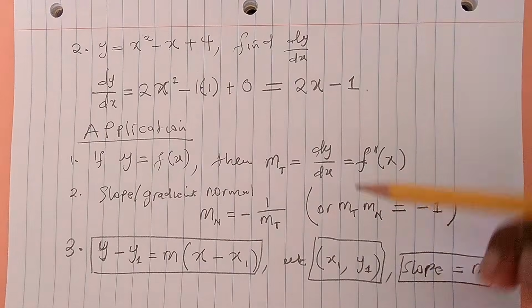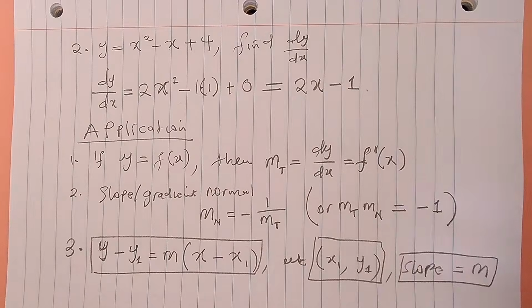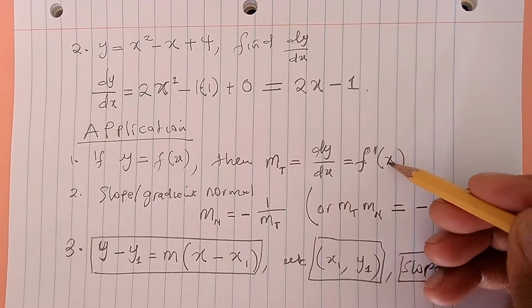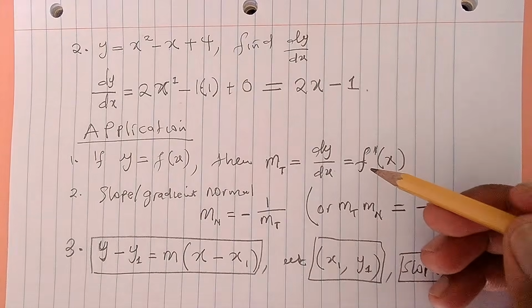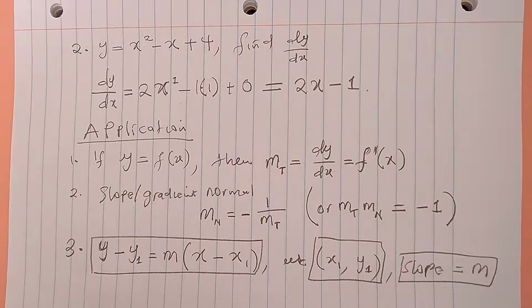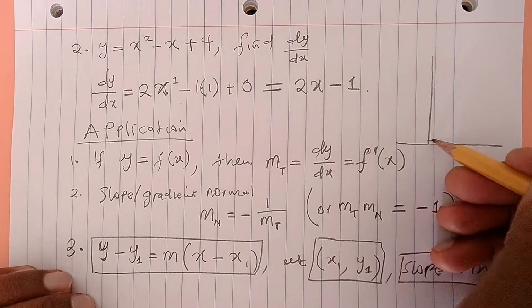So first of all, know how to differentiate. You're just dropping the power and reducing the power by 1. Then the derivative dy dx is the same as f prime of x. So the derivative is the slope of the tangent. Then the relationship between the tangent and the normal is that they are perpendicular, they meet at 90 degrees.